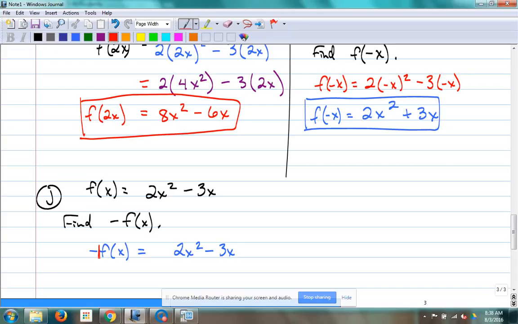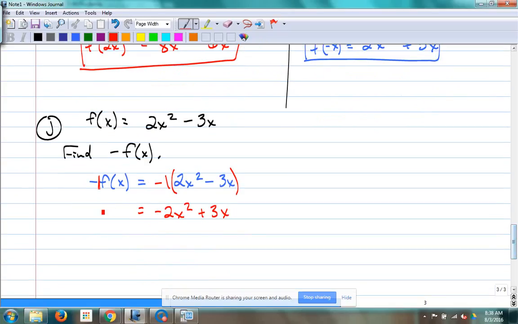We're not trying to get f of x by itself at all here. It says take negative 1 times f of x. Well, f of x is this whole thing here. So I'm going to multiply negative 1 times that whole thing, which just distributes a negative 1 to it, and get negative 2x squared plus 3x. And that's what negative f of x is equal to.